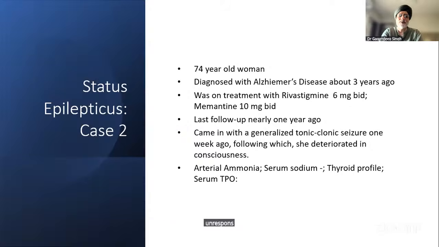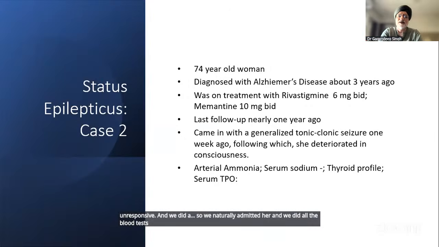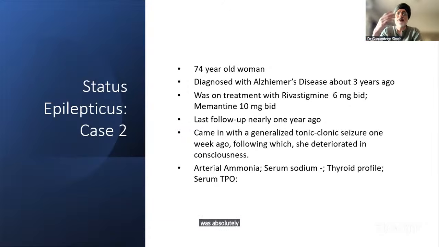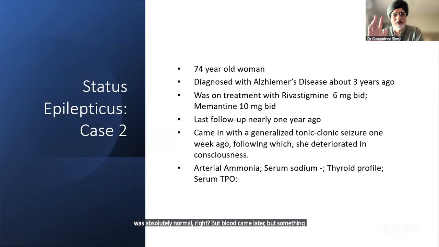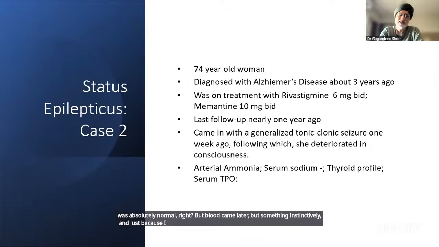And so we naturally admitted her, and we did all the blood tests, electrolytes, sodium, whatever, and everything was absolutely normal, right? But the bloods came later. Instinctively, just because she had a generalized tonic-clonic seizure a week ago, we shifted the patient right from the outpatient department to the EEG lab, right?